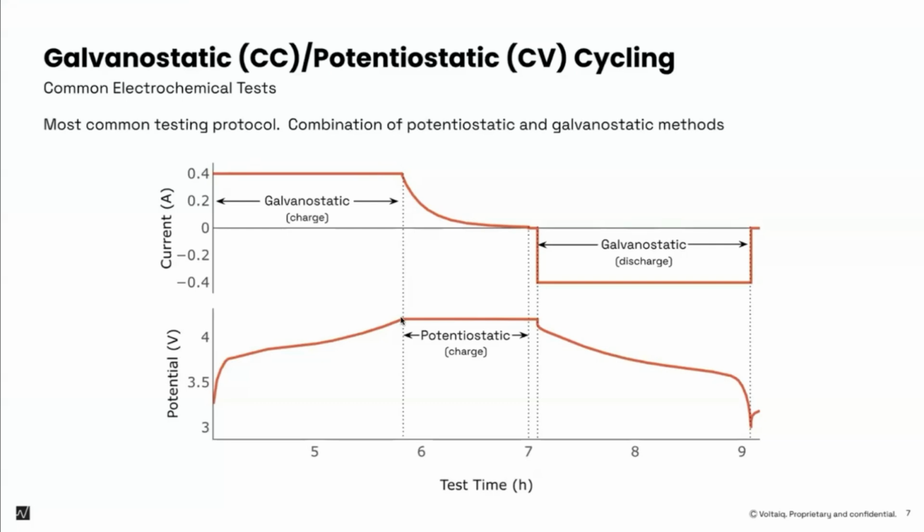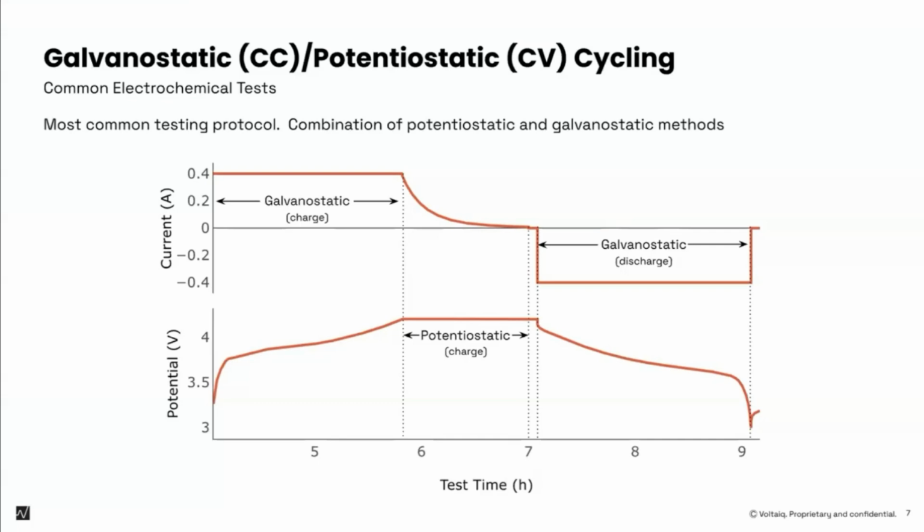So you're basically saying, hey, I want to charge until I hit 4.1 volts. As soon as the voltage hits 4.1, you switch and you say, now I want to hold at 4.1 volts and I want to see how the current now changes, or I'm going to keep holding at 4.1 volts until the current has decayed to some set value. A lot of times it's C over 20 or something like that, right?